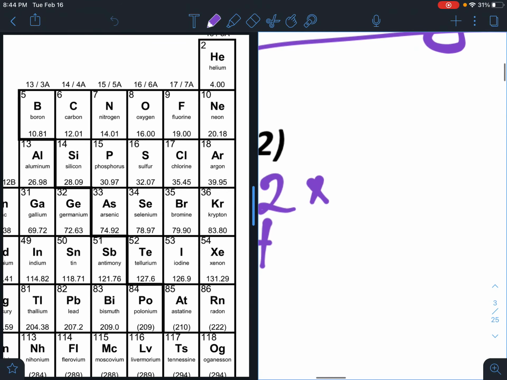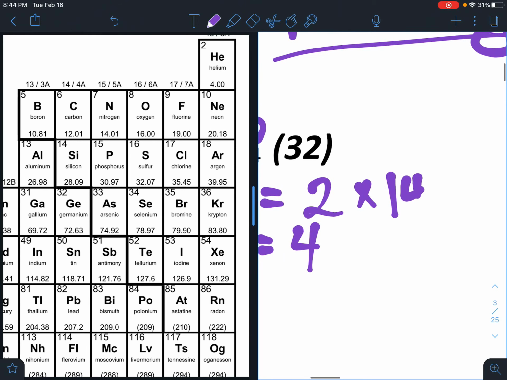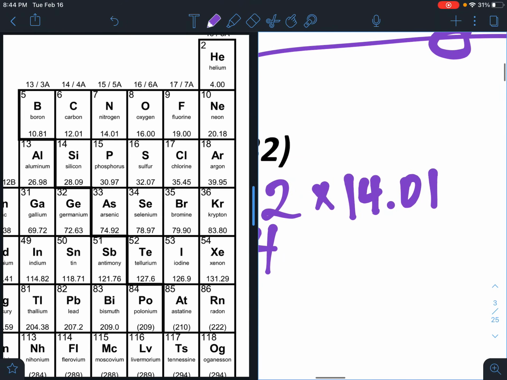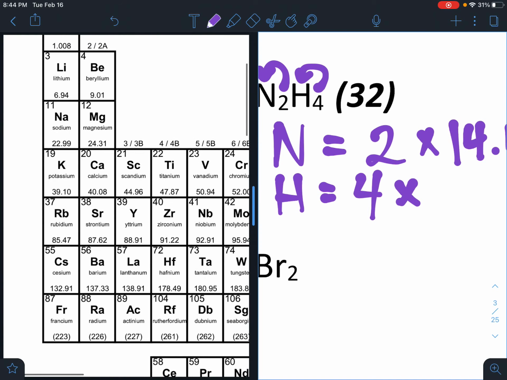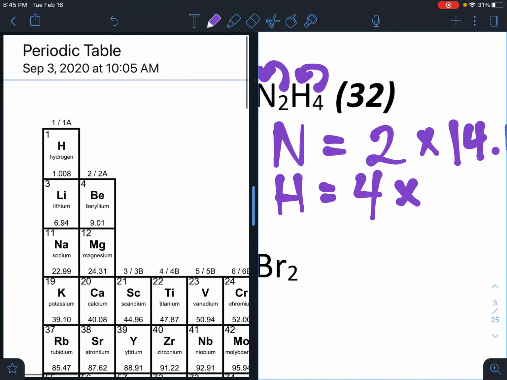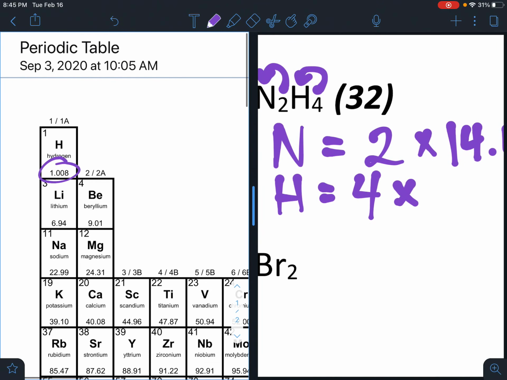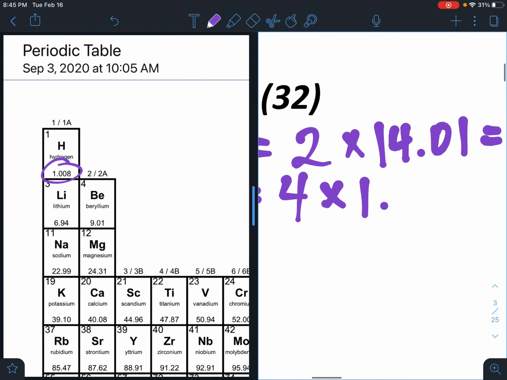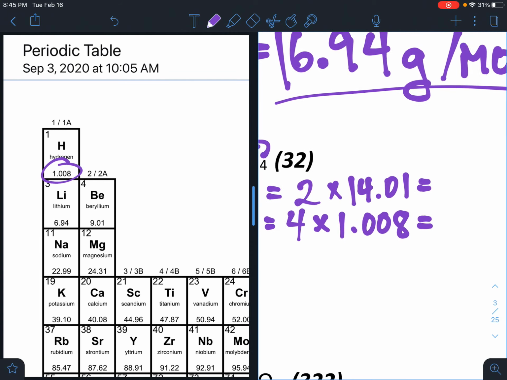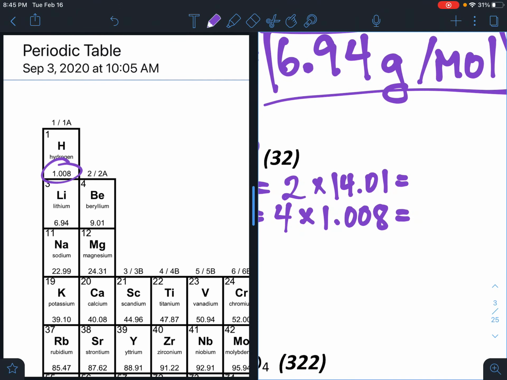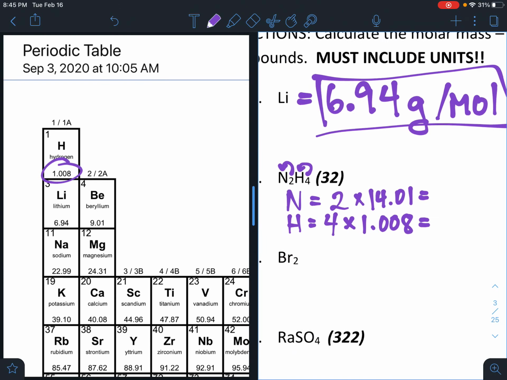So here we're going to be writing 2 times 14.01. And then for our hydrogens, we have 4 of them, and we want to multiply that by the amount of mass per hydrogen, which is 1.008. So 4 times 1.008. Now we have to calculate those 2 things and then add them up, and we'll get our total mass.